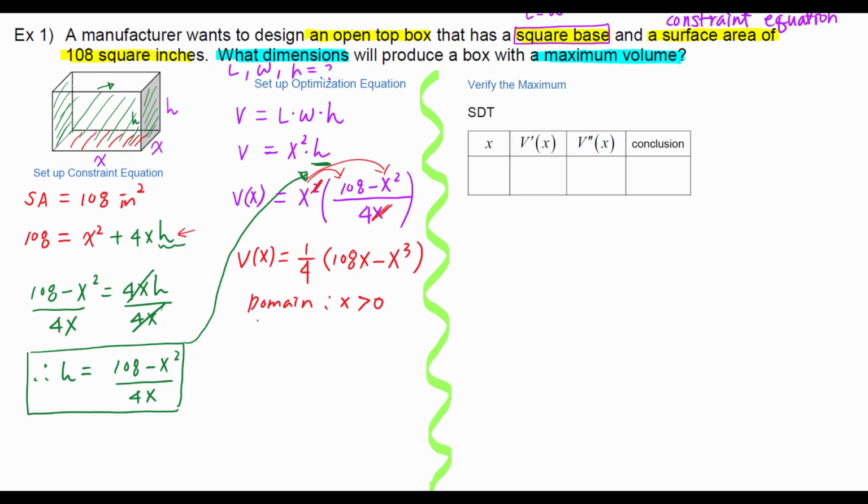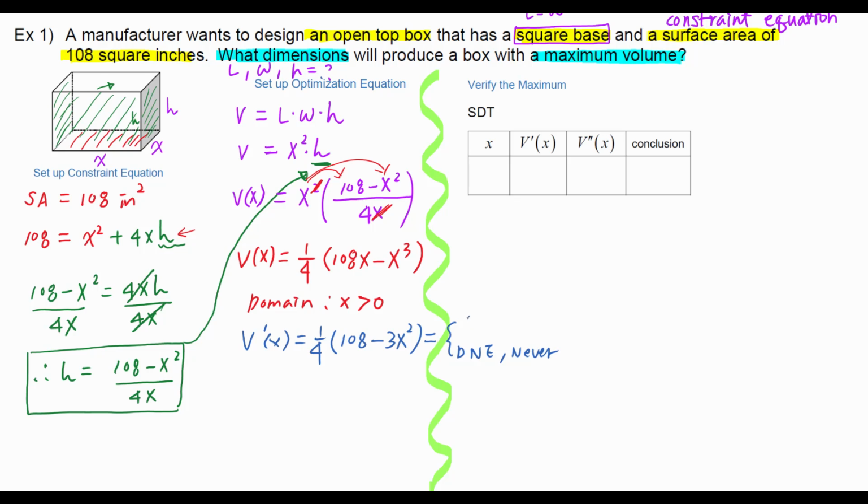Now, the next step is to find the maximum or minimum using calculus. What do we have to do to find the maximum or minimum? We find the derivative. So V prime of x is 1/4 times the derivative of 108x, which is 108, minus the derivative of x to the third power, which is 3x squared. This is never undefined, so it does not exist, never happens.